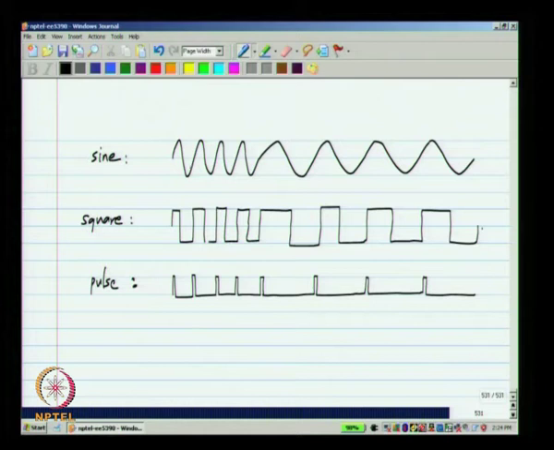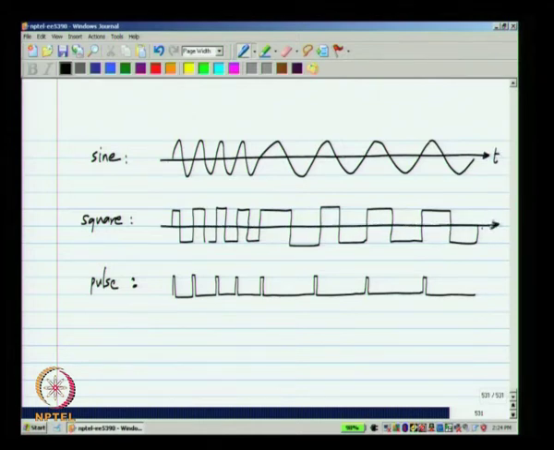Now, in all these cases it is only the basic shape that has changed. So, this is by the way plotted versus time. In all these cases the basic shape with respect to theta is what is different.